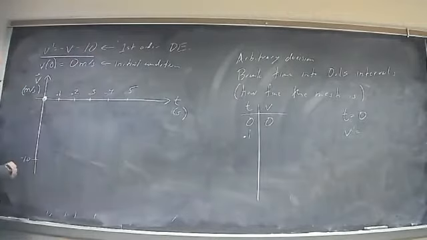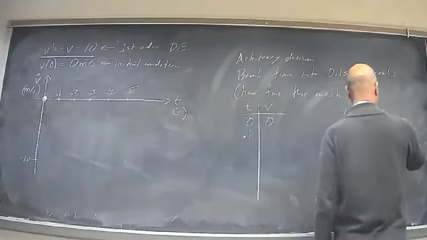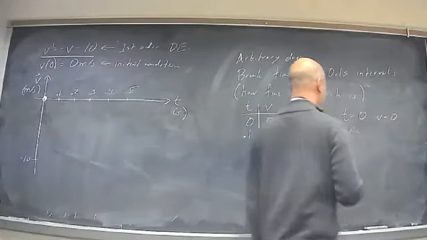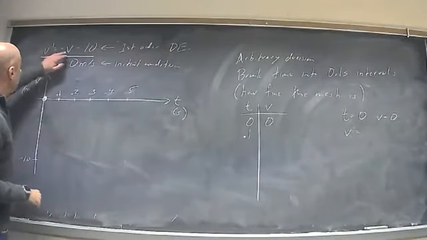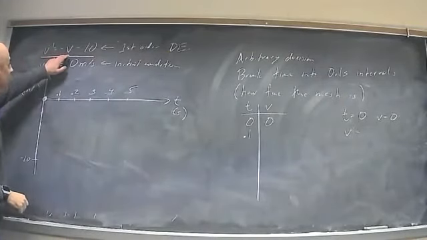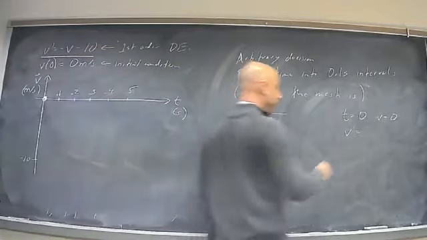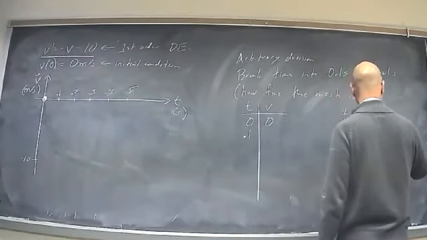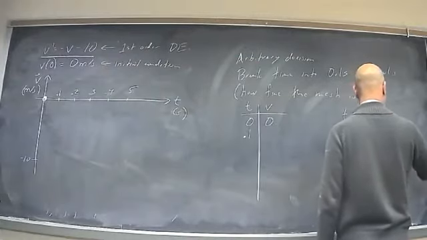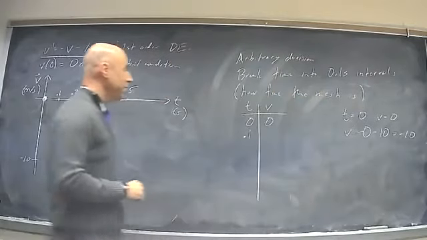Remember, our velocity at t equals 0 was v equals 0. So if you plug in v equals 0, what do you get for your v prime? 10? I mean, negative 10. Right. So you get negative 10. Your v prime equals negative 10.